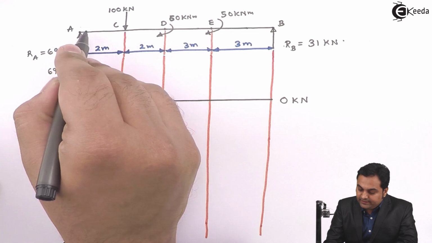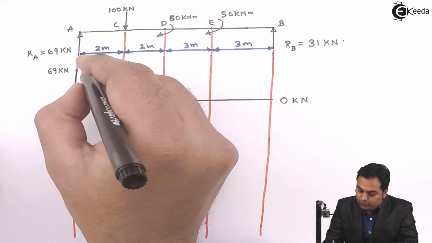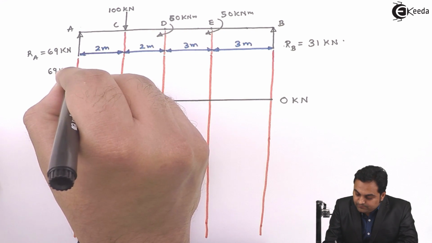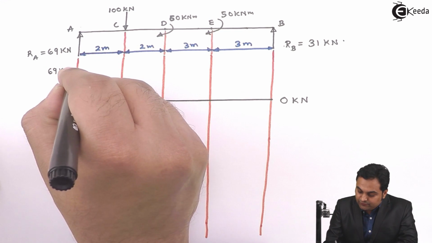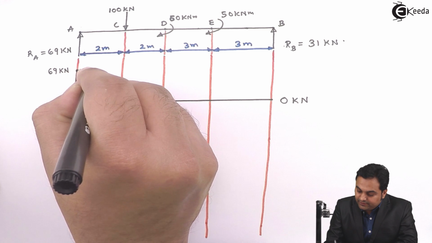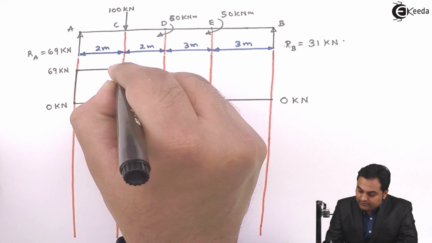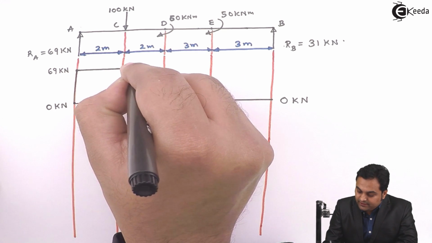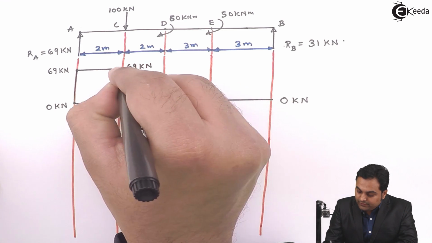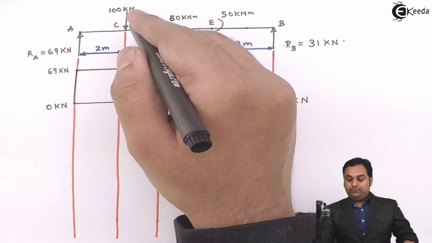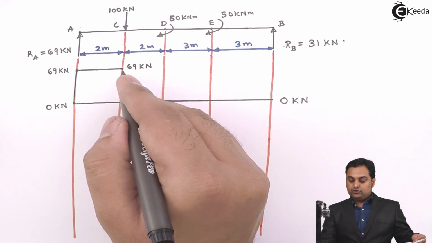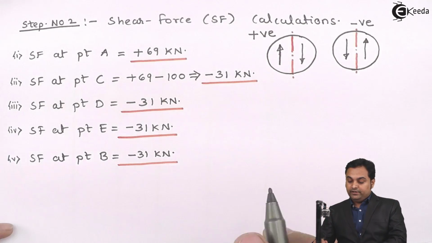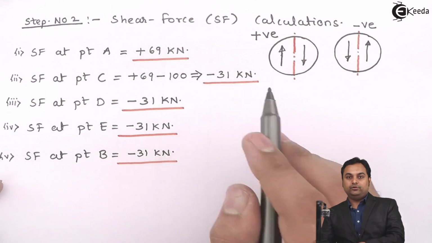Now between A to C, this load will remain constant, and when there is no load between the 2 points, shear force diagram is a straight horizontal line, and here the value is plus 69 kilonewton at C also. Then because of this 100 kilonewton at C, the value of shear force changes. So after 69 kilonewton, it becomes minus 31 kilonewton.